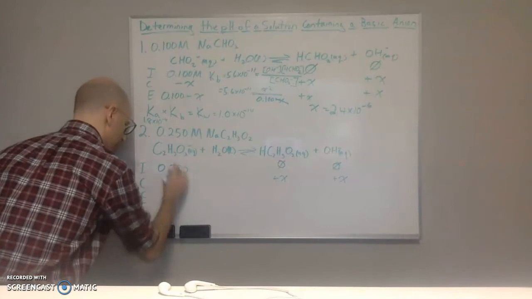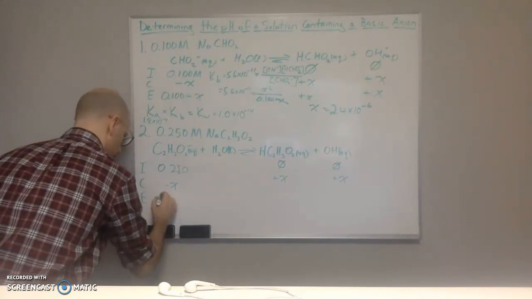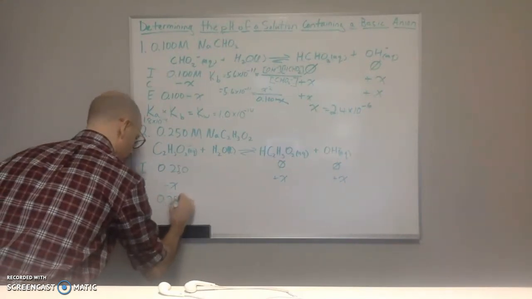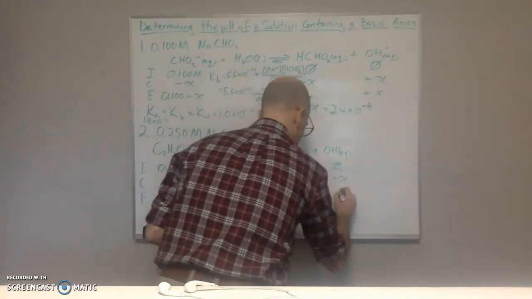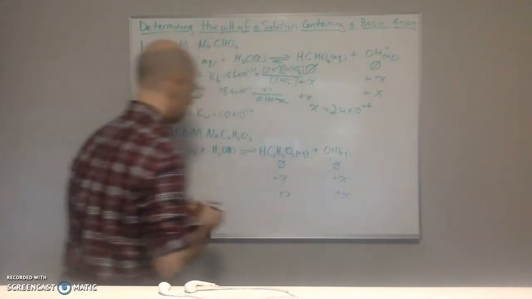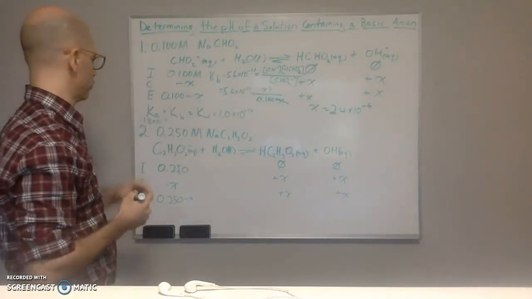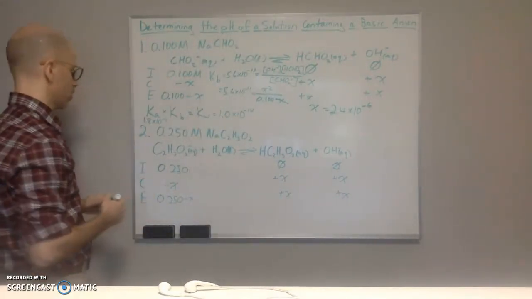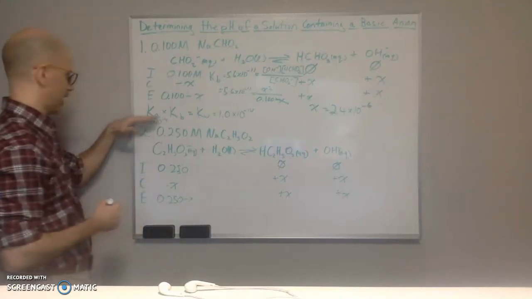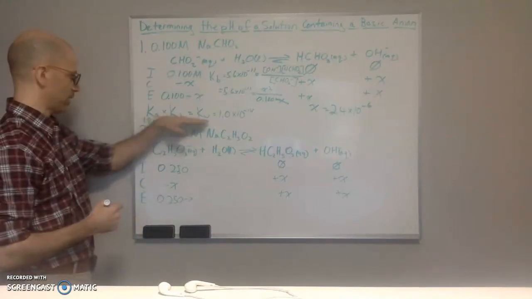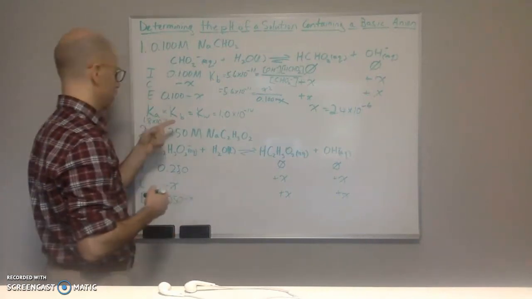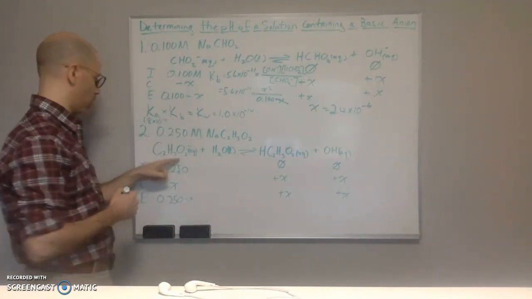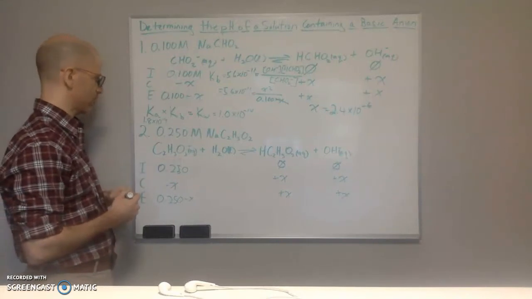And then we add each of these together, and we get 0.250 minus x, and we get plus x. And now we have to do the same thing here. So again, because Ka multiplied by Kb gives you Kw, we need to figure out the Kb for the acetic acid.